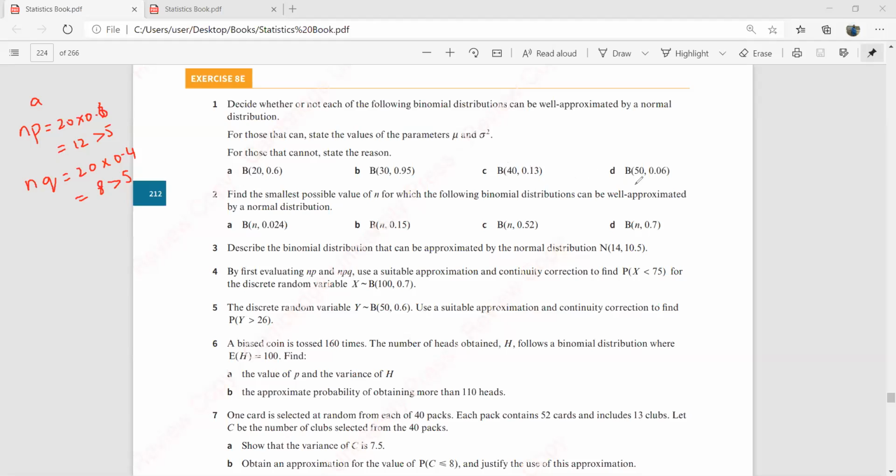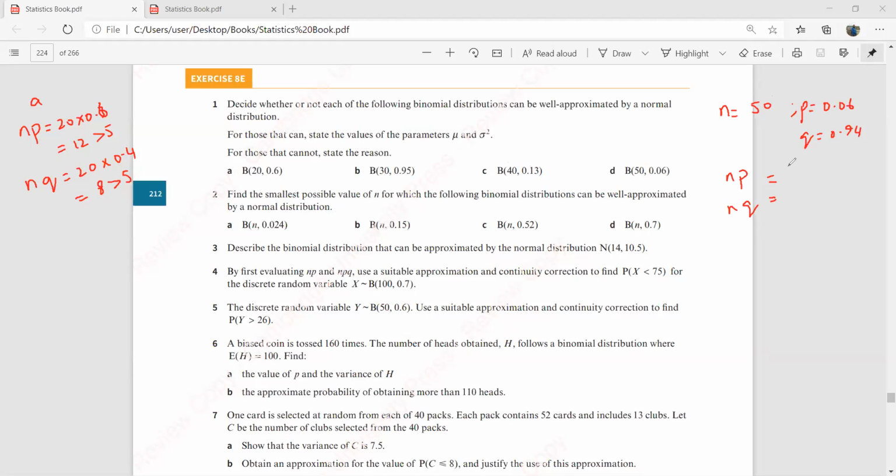And if you look at maybe part D here, your n is 50, your p is 0.06, and your q is going to be 0.94, okay? So let's find np and nq and see if they are both more than 5. So 50 times 0.06 will give you 3.